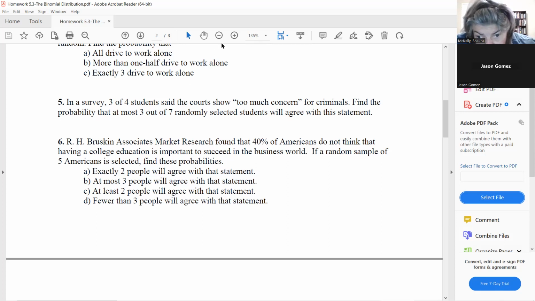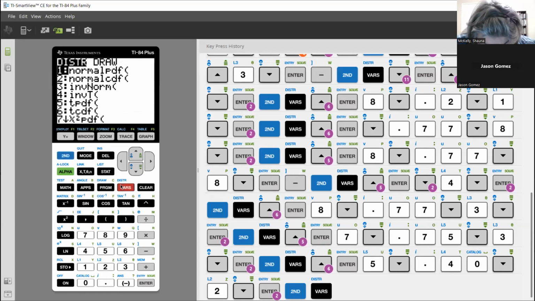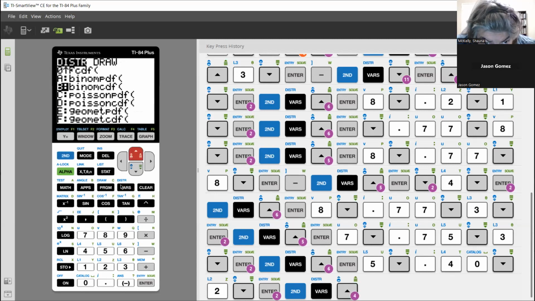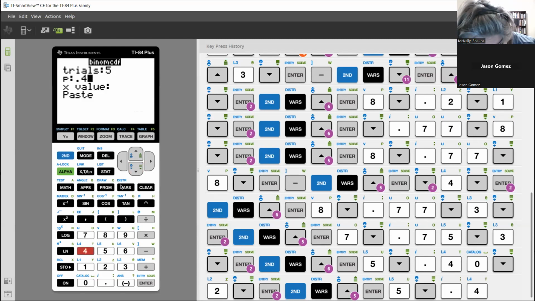We just use the CDF because we're accumulating, with second distribution. This is going to be binomial CDF. We have 5 people. We have a 40% chance they're going to agree with us. And we want at most 3 people. So we want to accumulate up to 3 people.